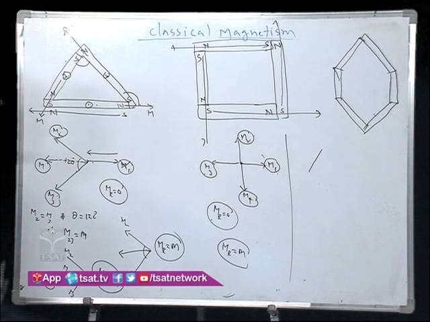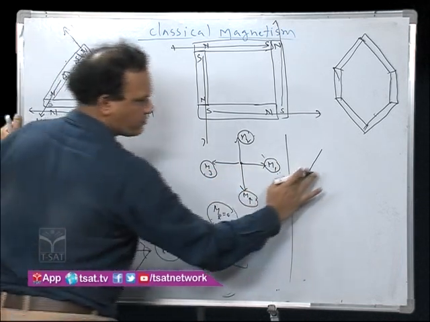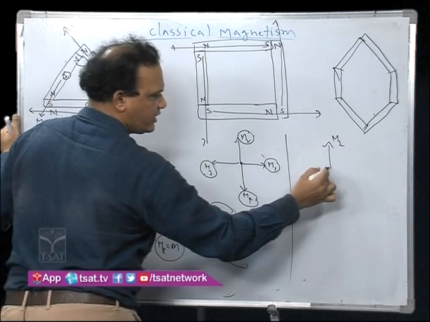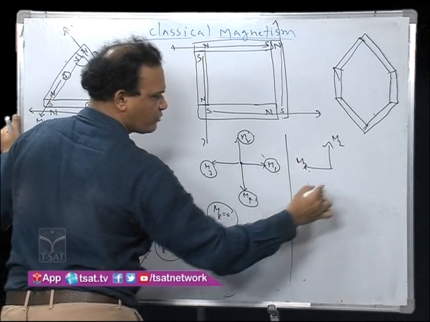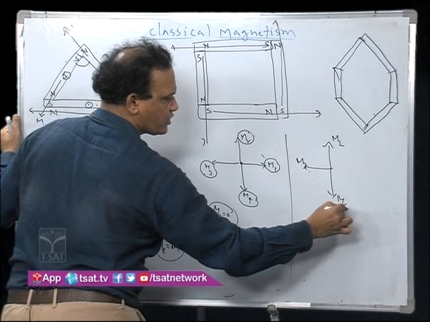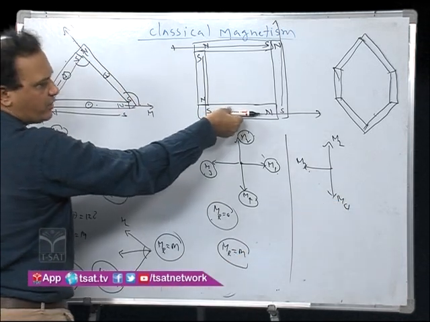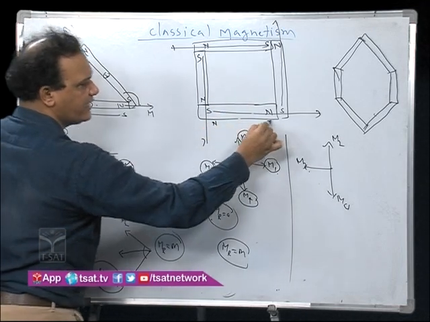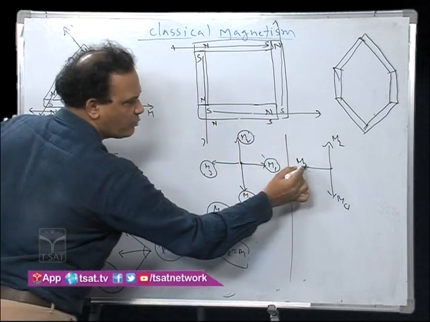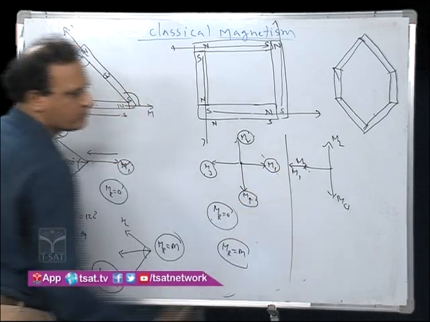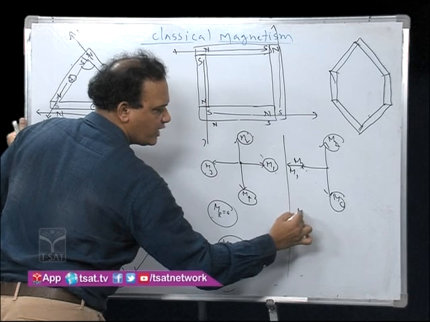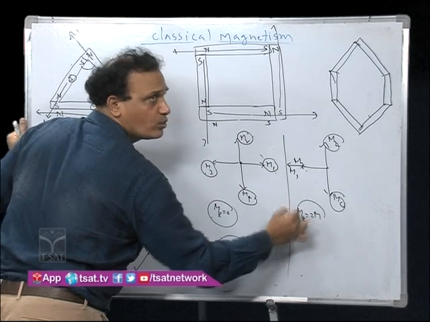Similarly, if m1 is in reverse direction, m2 is in the same position, m3 is also in the same position, and m4 is also in the same position. But this magnet, instead of south to north, is reversed, that means north and south, then the magnetic moment of this position is m1. If all are identical, these two are cancelled, and the resultant magnetic moment is equal to 2m.